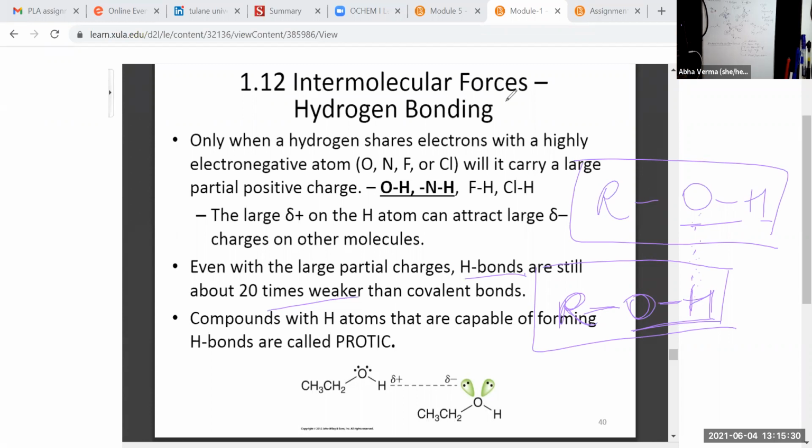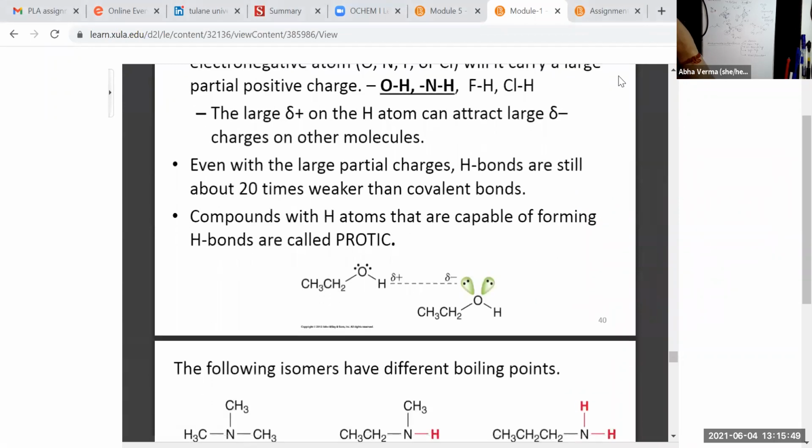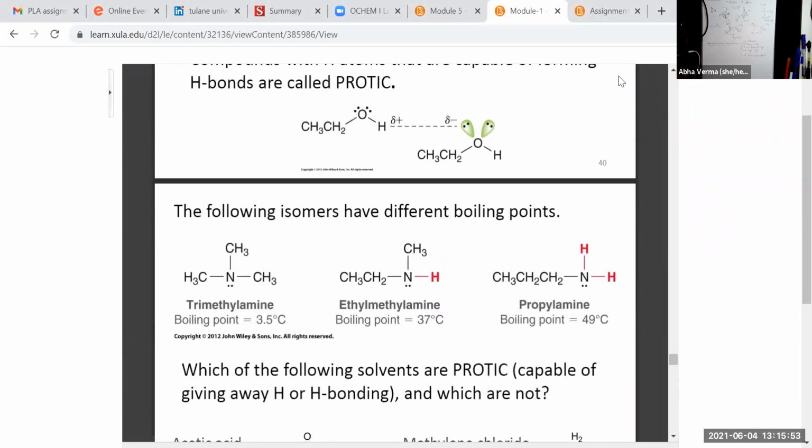Okay, even though hydrogen bonds are very strong, they help develop extra bonding with the other molecule. They are still weaker than the covalent bonds. The covalent bonds are the sigma bonds that we are looking at. So this is one of the examples that I found for your hydrogen bonding.